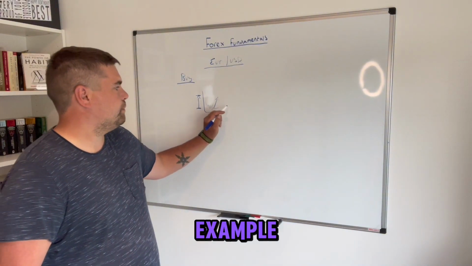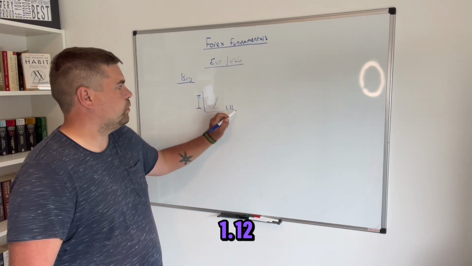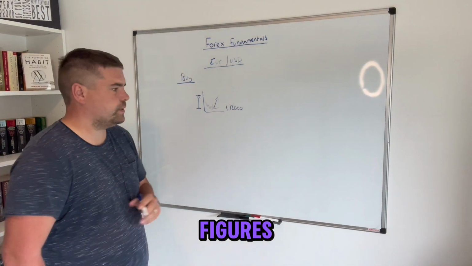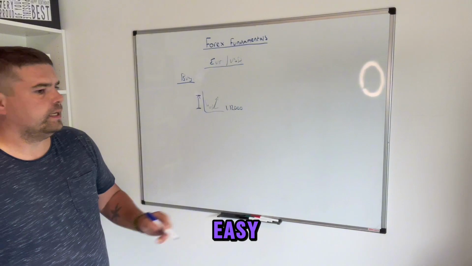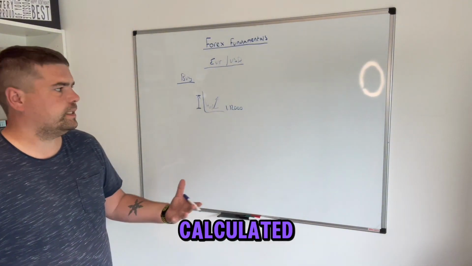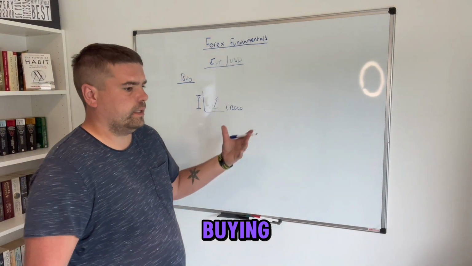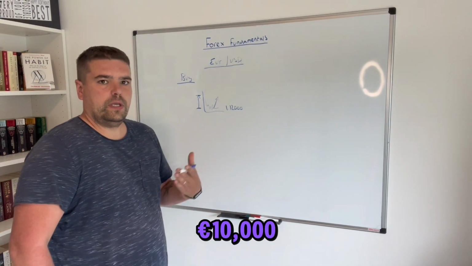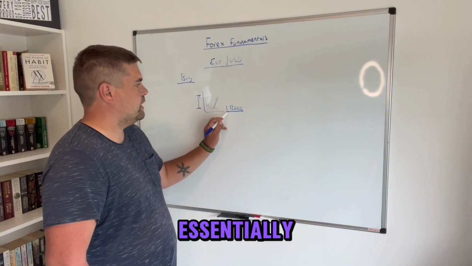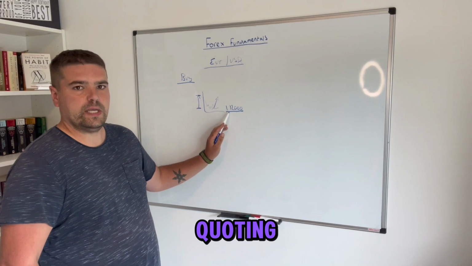So say for example, the quoting price is at 1.12. And again, like I say, I'm just using round figures to keep it nice and easy. So with this example, you've calculated out your risk and you're going to be essentially buying 10,000 euros at this price. So what does that mean? As we discussed earlier in this video, this is the quoting cost.